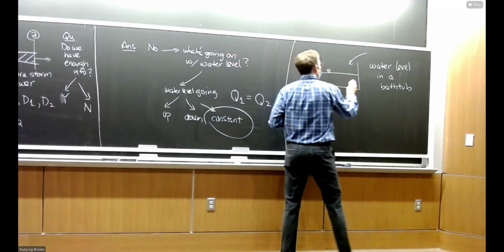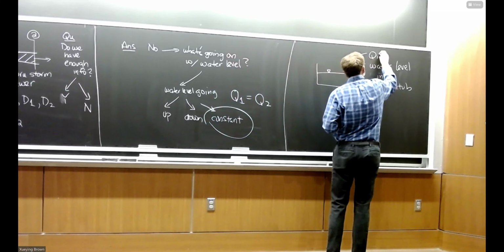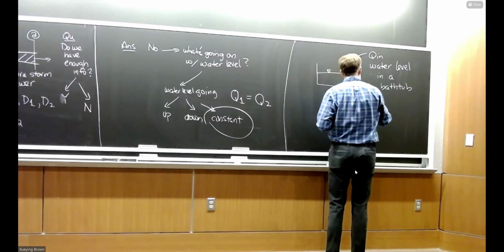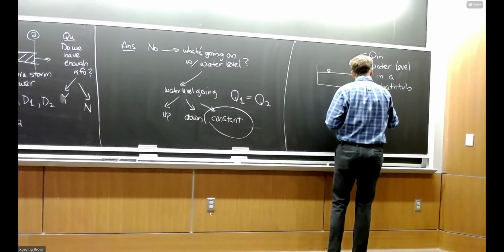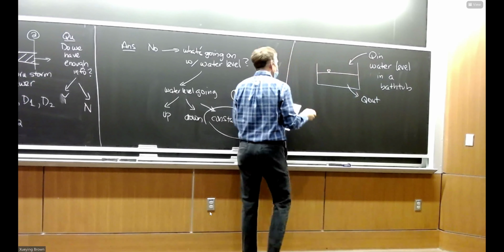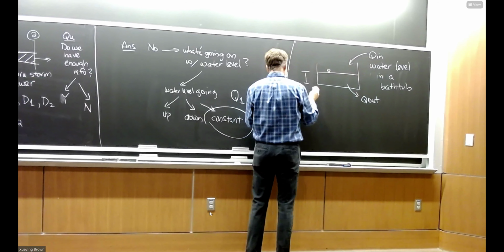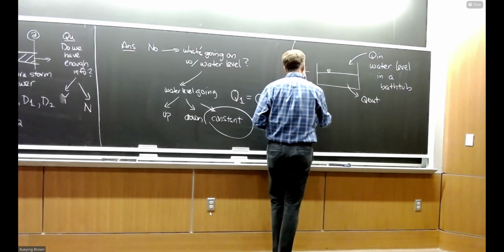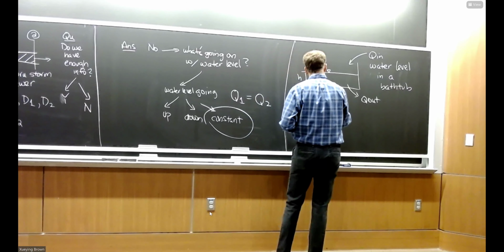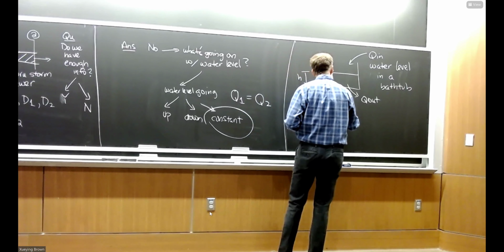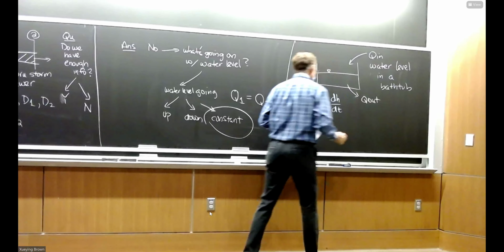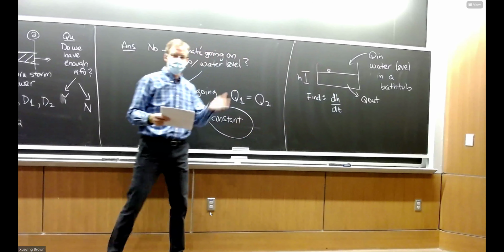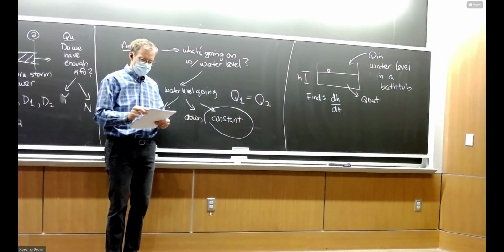So you can imagine that there's a Q in and a Q out, and a problem might be to find the rate at which the water level in the bathtub is going up or down.